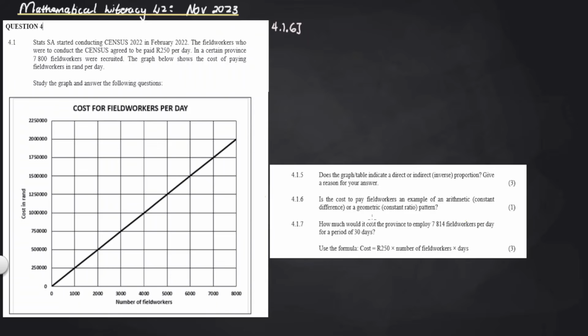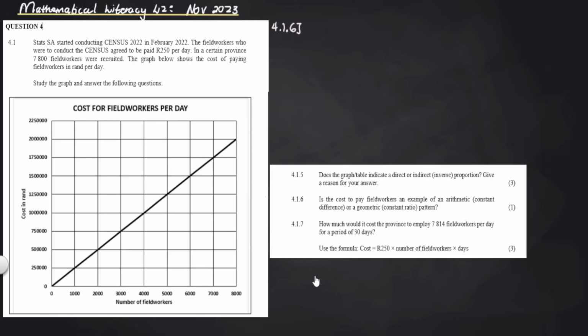An arithmetic pattern is where we find a constant value by doing a subtraction between our terms. And a geometric pattern, or a constant ratio, is where we get a constant value every time we divide our values.